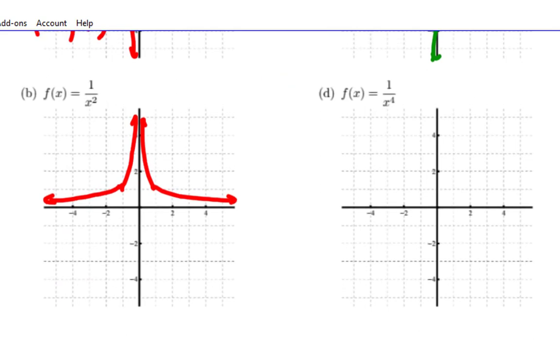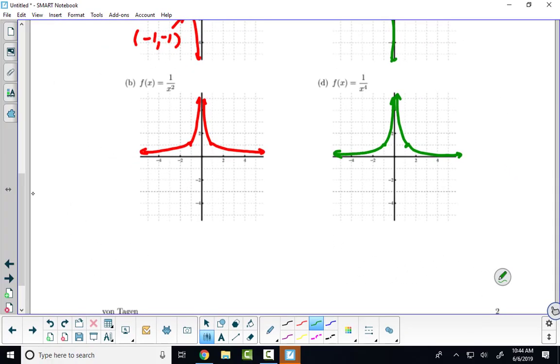What do you think the graph of 1 over x to the 4th looks like? Similar to B. Yeah, so it's going to be similar to B. Not exactly the same. Okay, it's going to rise up more quickly and die off more quickly.